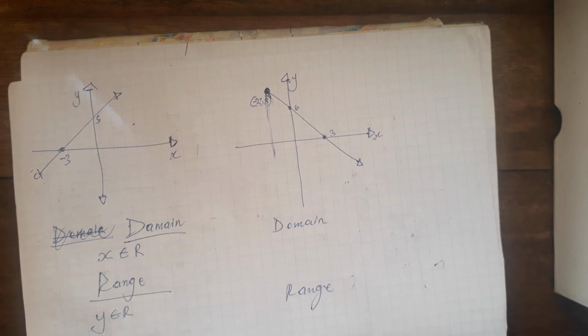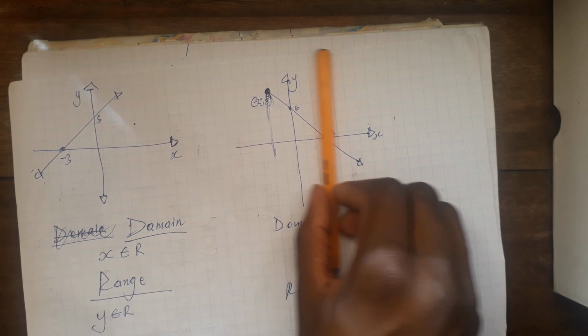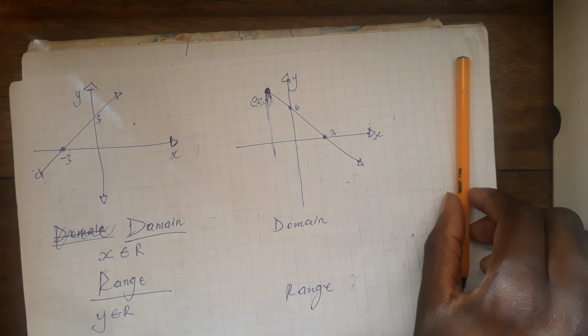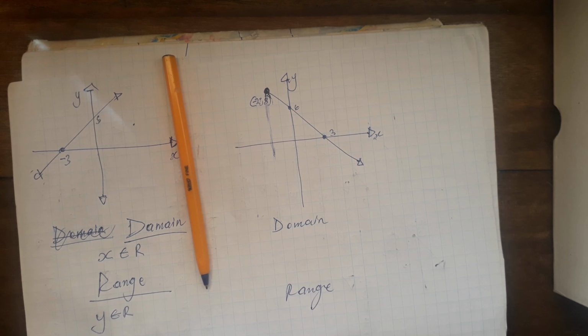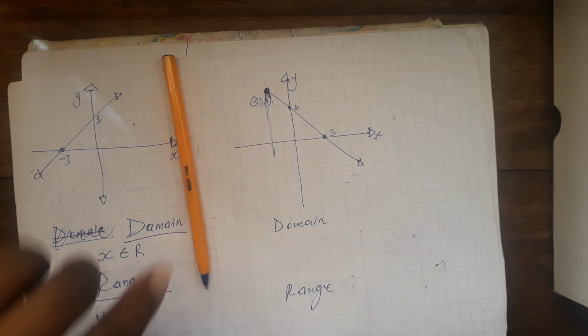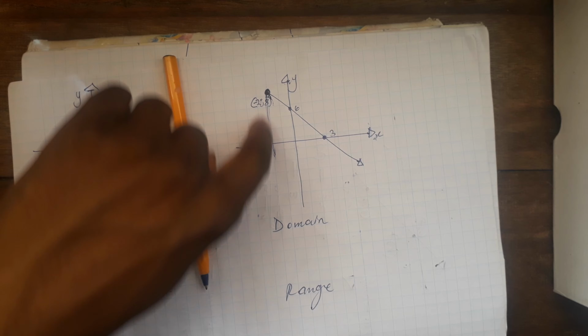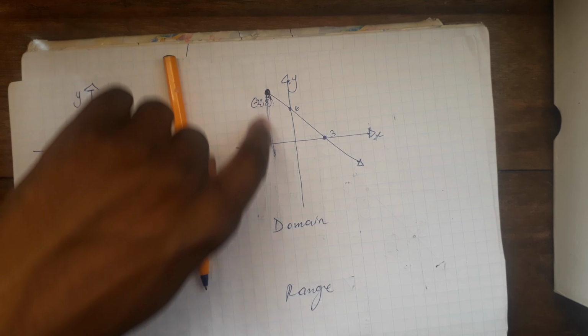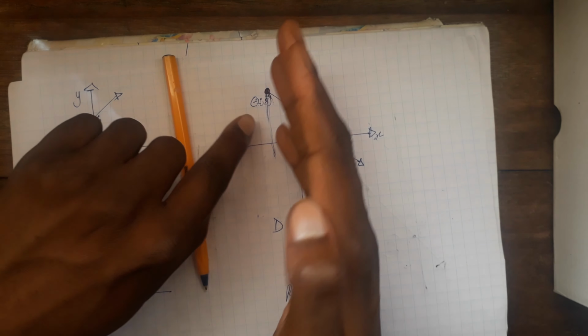X is -2 at this point, meaning that from -2 going this side, our function is defined. But from this point going this side, it's no longer defined. It means that the value of x must be greater than the x value at this point.